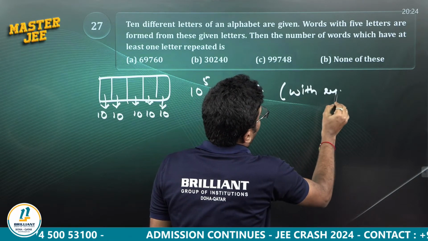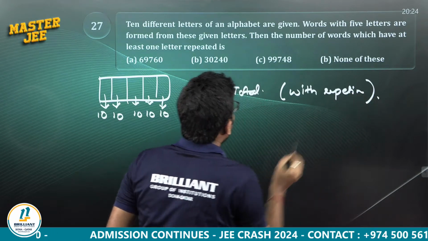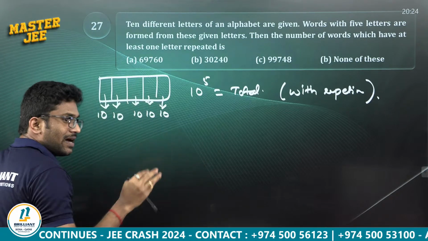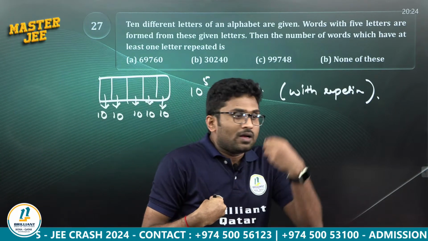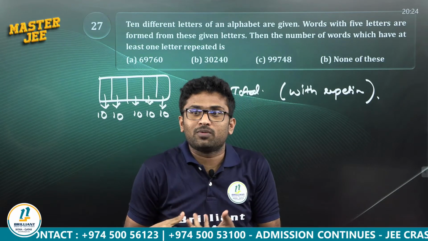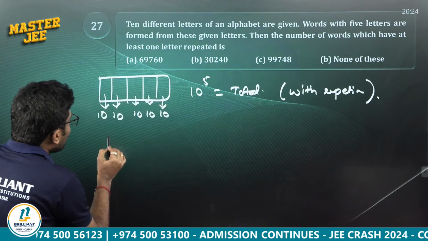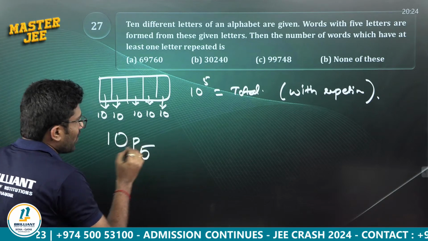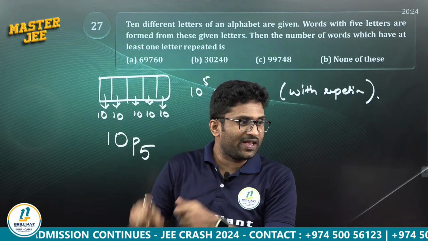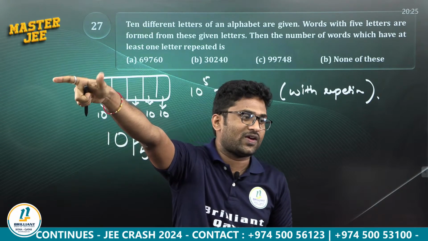With repetition, all possible. Now without repetition, we have 10 letters. Without repetition, the total number of 5-letter words that can be formed is nothing but 10P5. 10P5 means out of 10 we select 5, 10C5 into the selected 5 can be arranged in 5 factorial ways.